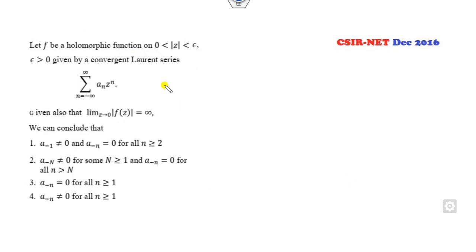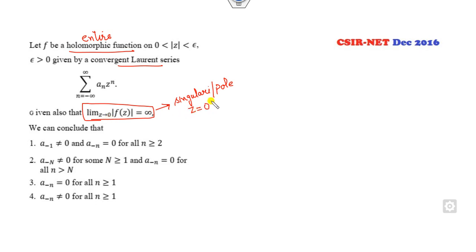Okay, look at another one. F is a holomorphic function, again we call it an entire function. A Laurent series is given to you such that this is 0. Its infinity means a singularity, that's a pole at the point z is 0. So z equal to 0 is a pole. Then which of the following can be concluded?